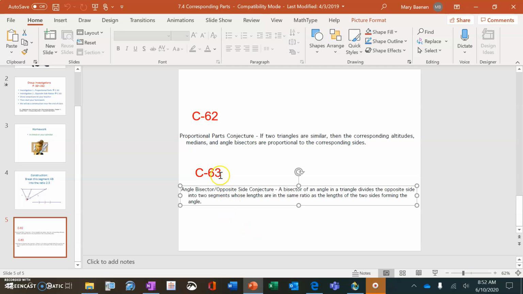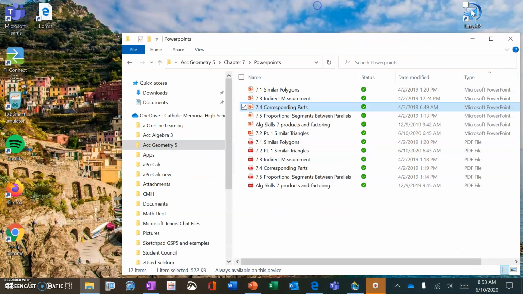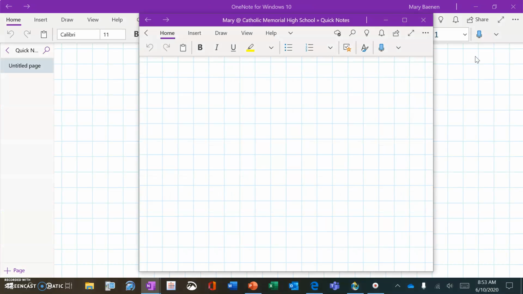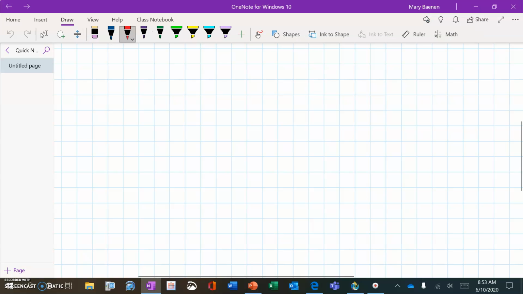Now that conjecture number 63 is going to be helpful to us when we do a construction. So I'm going to bring up some paper here to write on. Okay, now I have two of them. Okay, so now here is the problem.